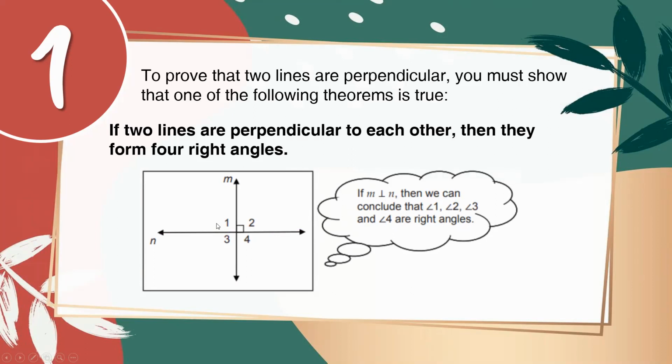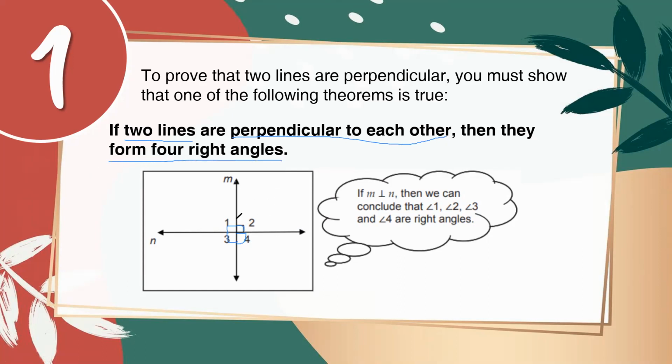The line M is perpendicular to N, then we can conclude that angle 1, angle 2, angle 3, and angle 4 are right angles. Therefore, if the two lines are perpendicular to each other, then they form four right angles.